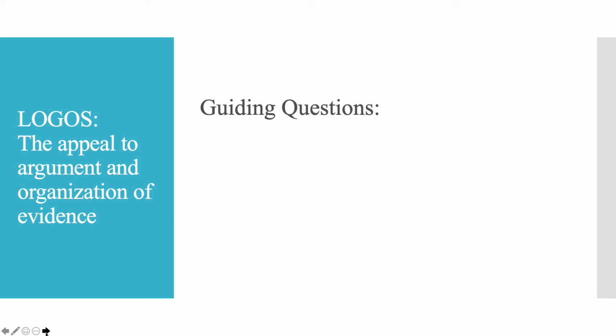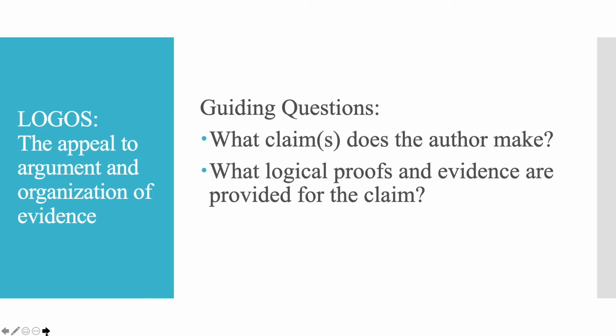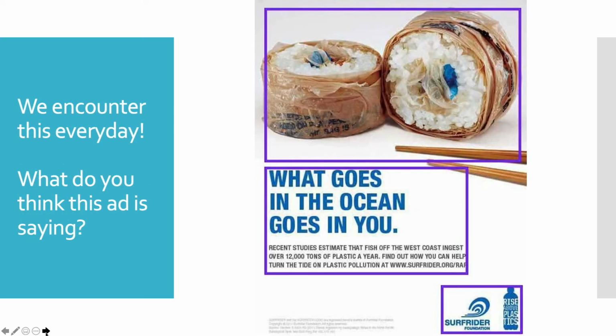As we said earlier, logos, the appeal to argument and the organization of the evidence. So there are some guiding questions that we can ask ourselves when we are looking for logos. Things like, what claims does the author make? What logical proofs or evidence are provided for the claim? So let's look at this.